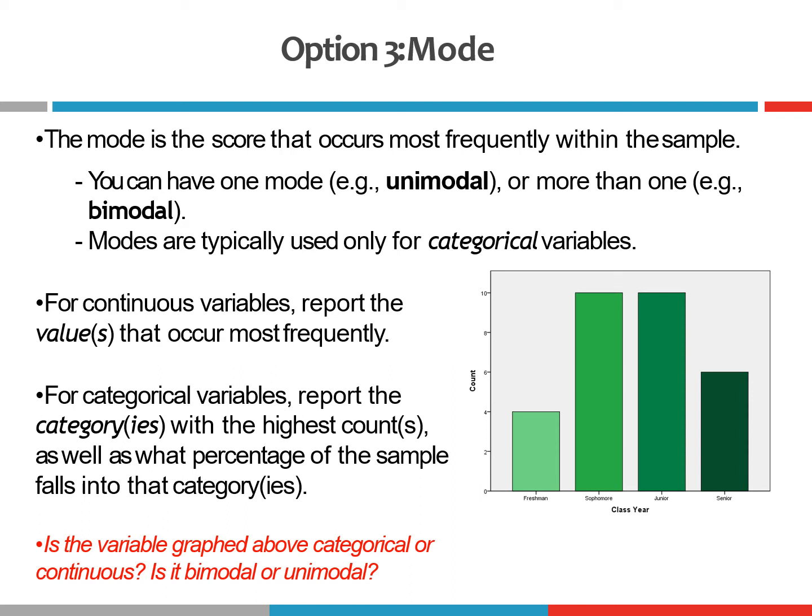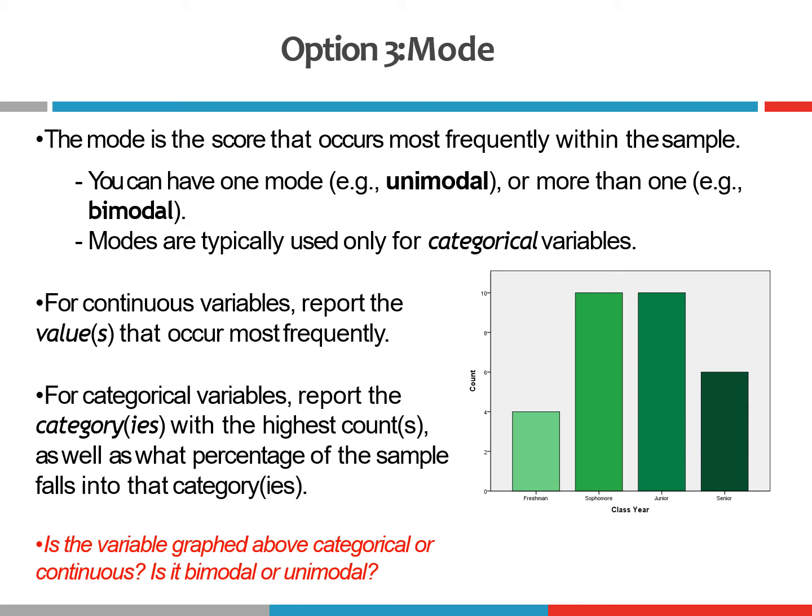So whenever we report categorical variables, we're going to report the categories with the highest counts or frequencies, as well as the percentage of the sample that falls into those categories.